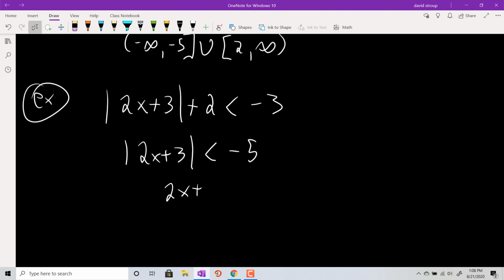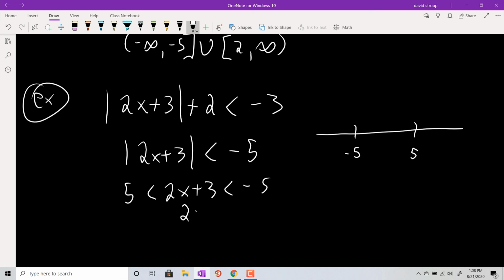So you got 2x plus 3 less than -5 and greater than +5. I mean, is there anything that's greater than 5? So let's look at that interval. Here's -5, and here is +5. So this expression is looking for things.